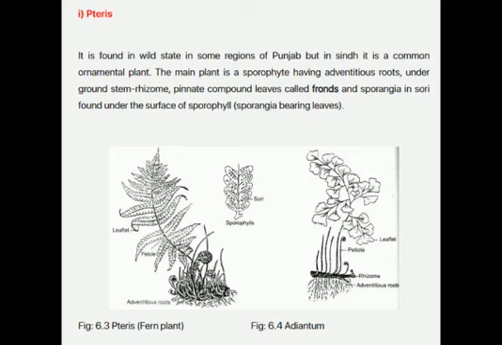These sporangia produce the spores, and then these spores develop into gametophyte.